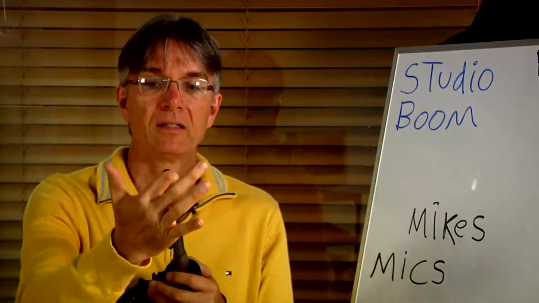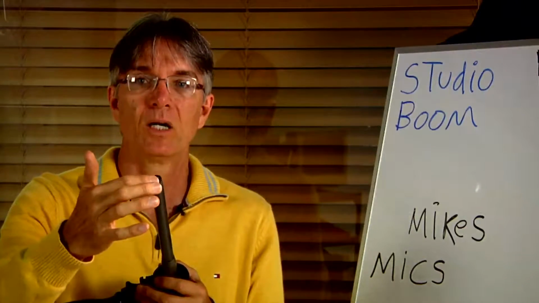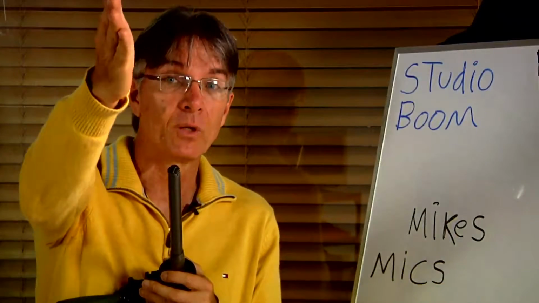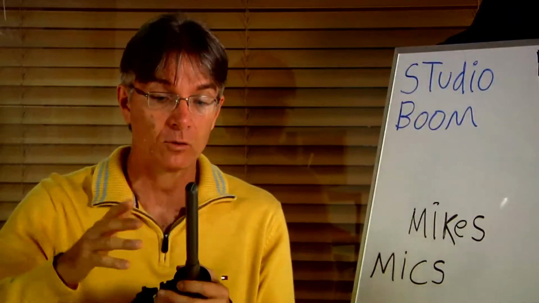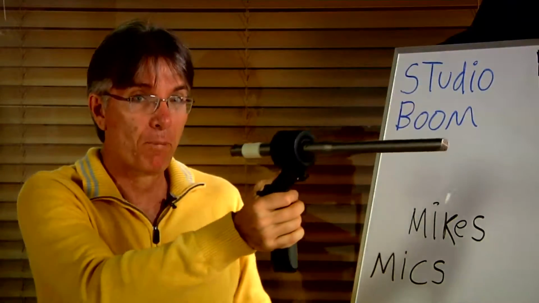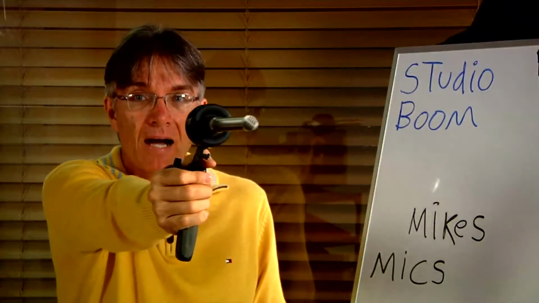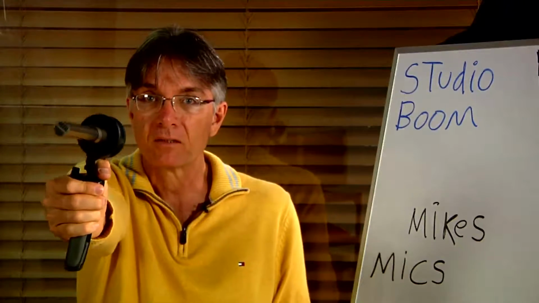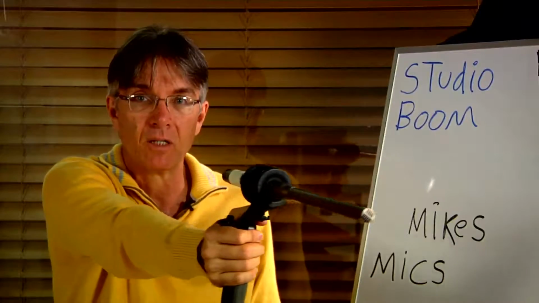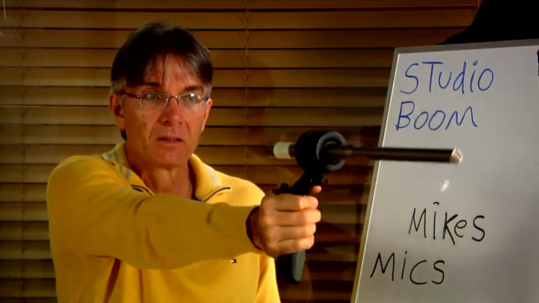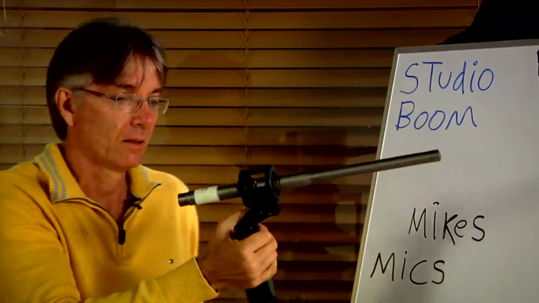The sound that comes from the sides disappears, and the only sound that is left is the one exactly in front of the barrel. This is why you have to point exactly to the mouth of the subject of the interview, of the rock star, of the politician. That is why they call it the shotgun microphone.